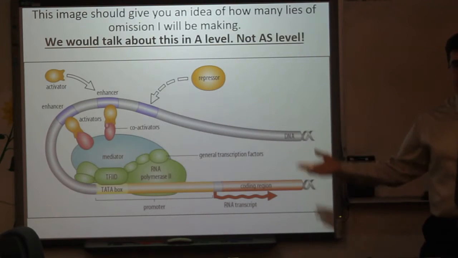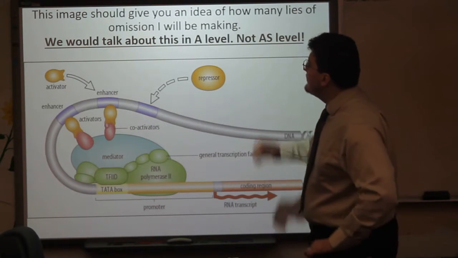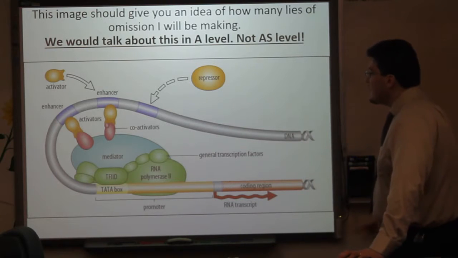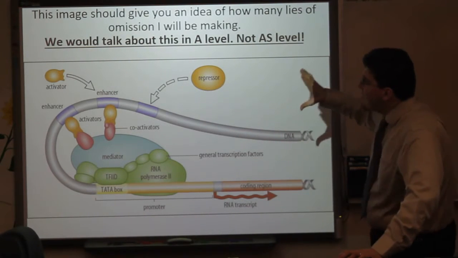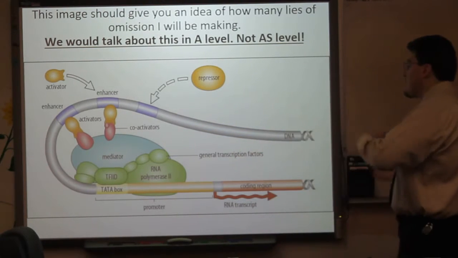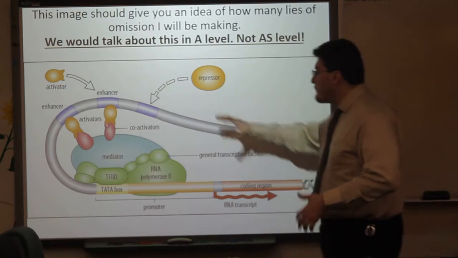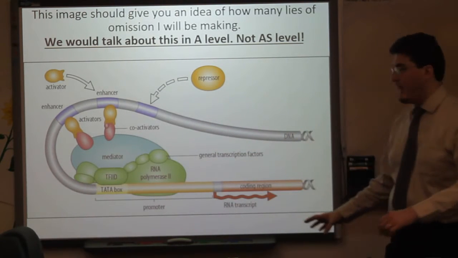this is an A-level topic that is fun for me, but not an AS-level topic. So this is how we can have activators and repressors and mediators and transcription factors that all promote the transcription of RNA from DNA.